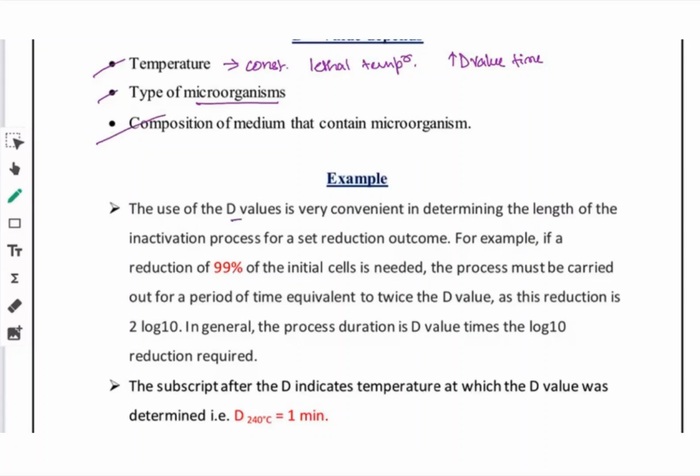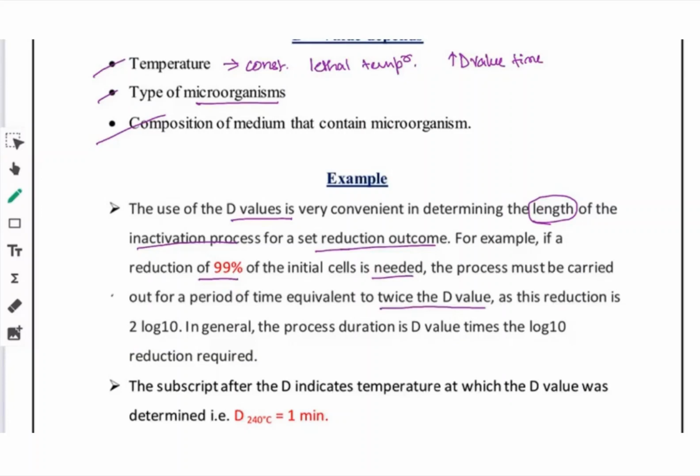The use of D-value is very convenient in determining the length of the inactivation process for a set reduction outcome. The set reduction outcome is the final outcome that we desired. For example, if a reduction of 99% of initial cells is needed, the process must be carried out for a period of time equivalent to twice the D-value, as this reduction is 2 log 10.